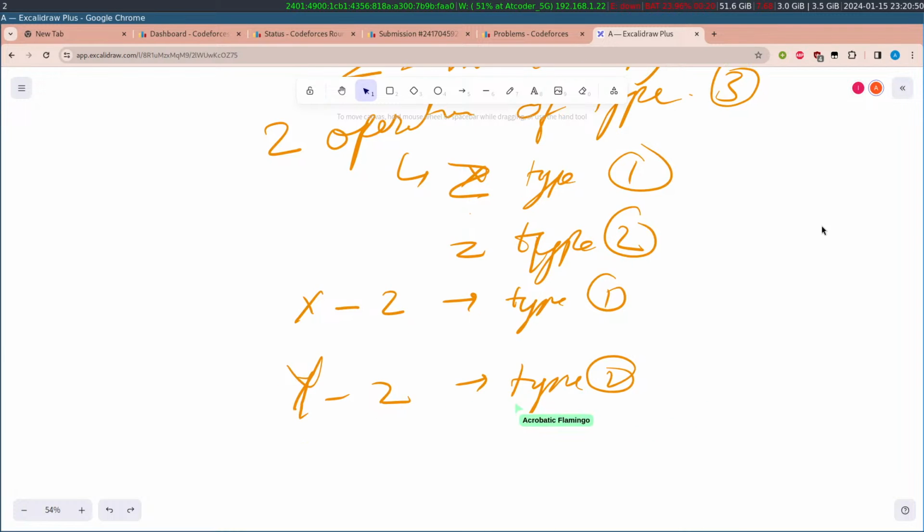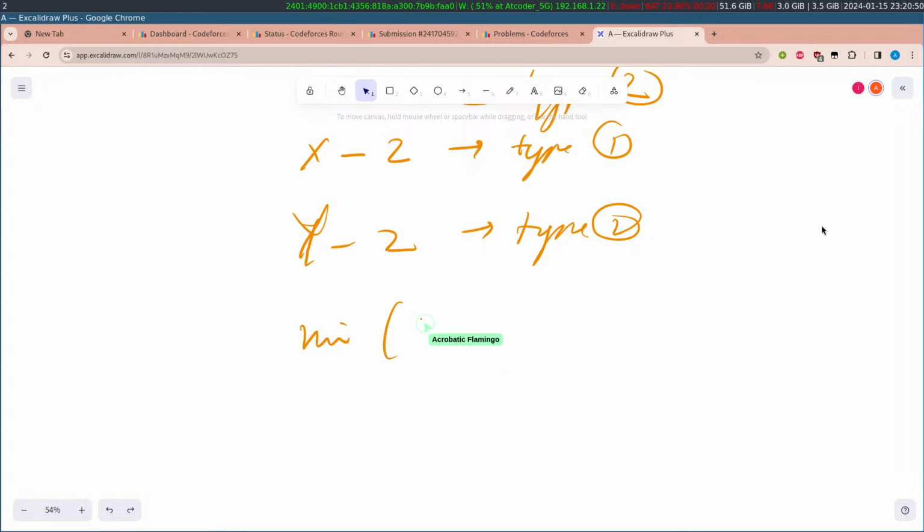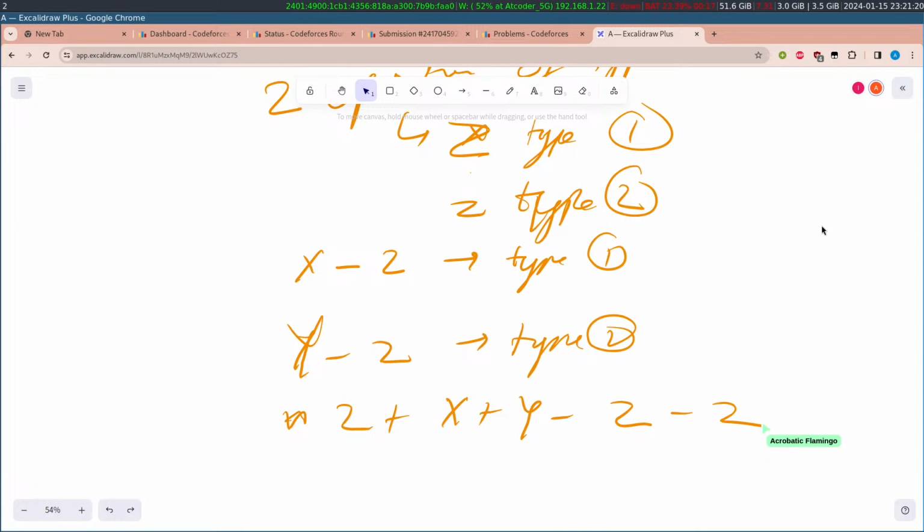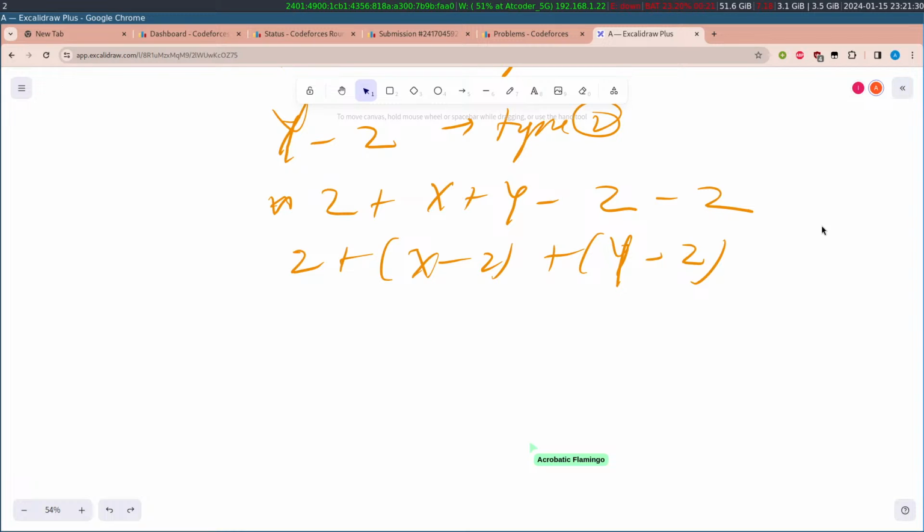So overall our final answer in that case would be z plus x minus z plus y minus z, which is equivalent to x plus y minus z, where z is the minimum of x comma y.